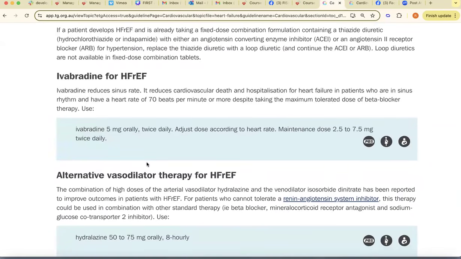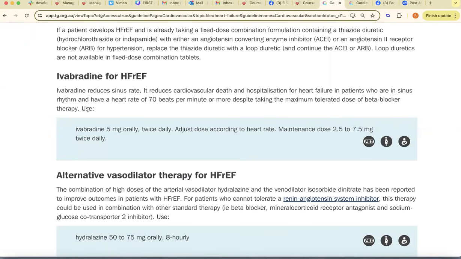There is another thing called ivabradine. Ivabradine is also used sometimes in heart failure patients. It reduces cardiovascular death for heart failure in patients who are in sinus rhythm and have a heart rate of 70 beats per minute or more, despite taking the maximum dose of beta blocker. So if you are giving beta blocker treatment to a patient and the patient is still having heart failure symptoms and their heart rate is above 70, for that patient we use ivabradine.